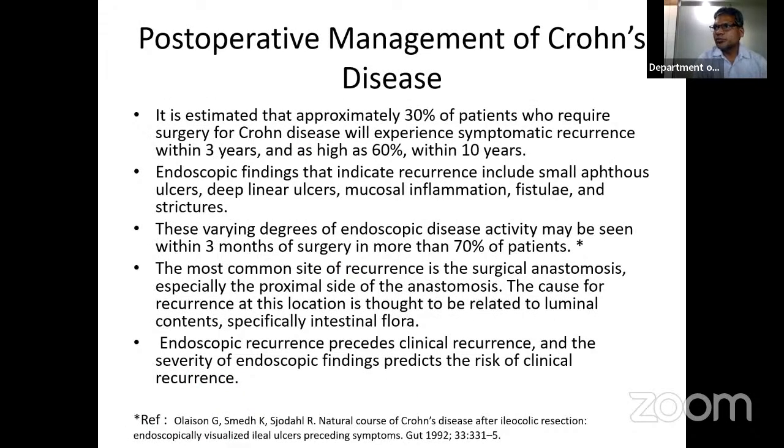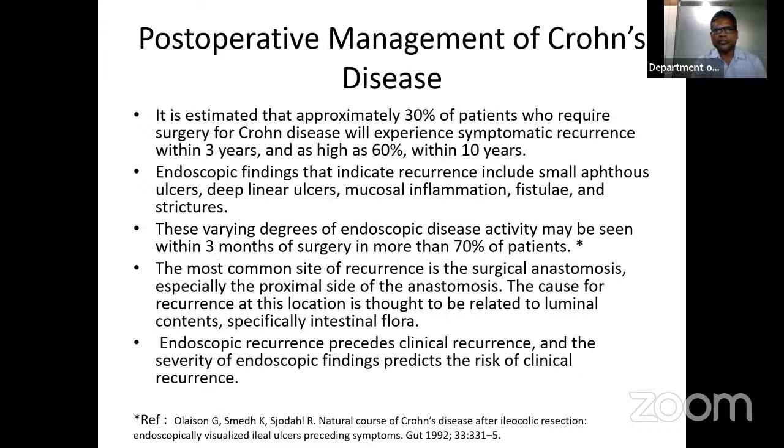The last few slides cover post-operative management of Crohn's disease. It is estimated that approximately 30% of patients who require surgery for Crohn's disease will experience symptomatic recurrence within 3 years and as high as 60% within 10 years. Endoscopic findings that indicate recurrence include small aphthous ulcers, deep linear ulcers, mucosal inflammation, fistulae or stricture.